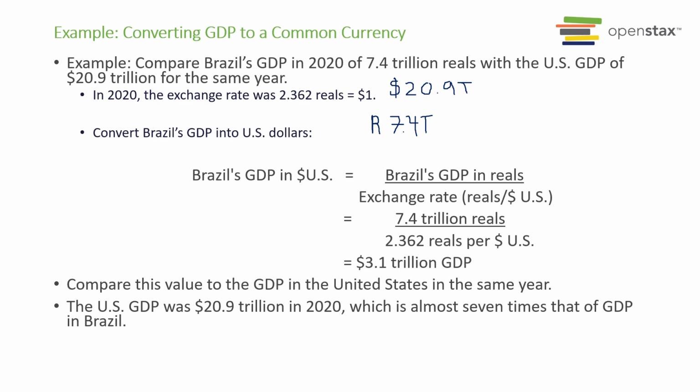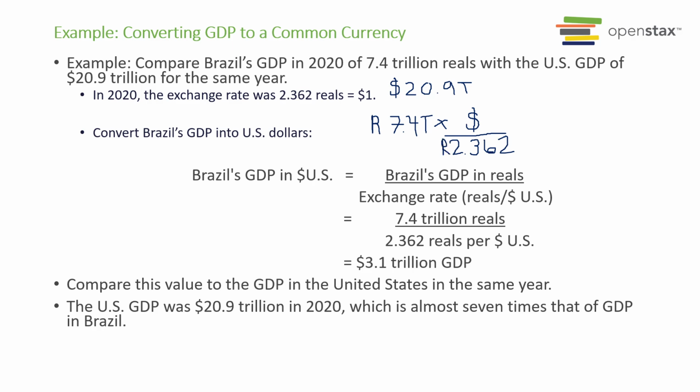So we're going to have to write that in a specific way so that the units actually cancel each other out. Not an easy thing to do, but we're going to multiply this by a fraction, and the fraction has to make sense. It's 2.362 reals to $1, so we're going to do that as dollar over 2.362, and let's put an R here for real.